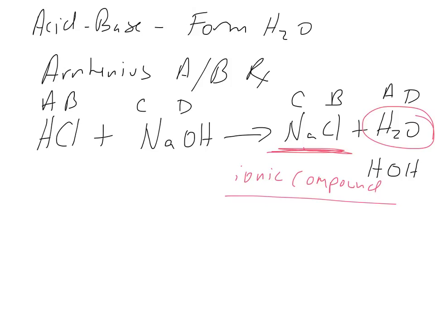Most often a soluble ionic compound. But it could be something like HCl plus KOH, yielding KCl plus H2O. This is our salt. Okay, so a salt and water. That's always the products of an acid-base reaction for us.